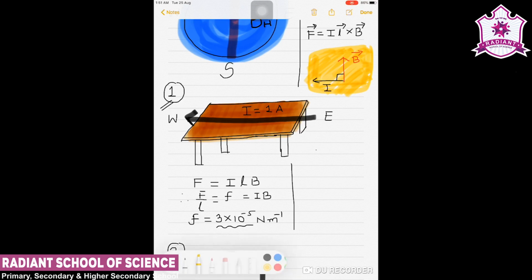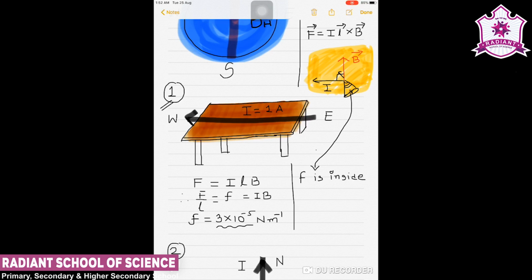So from this condition, if we put the right hand screw over here on this part and we move it on this path, it will move inside, so the direction of force is inside the plane.